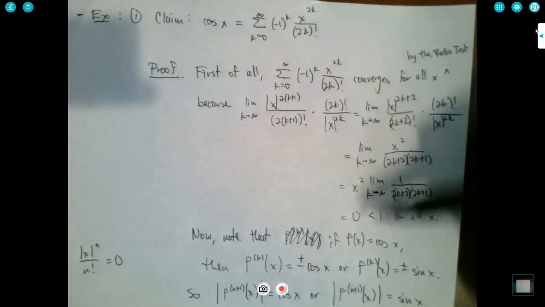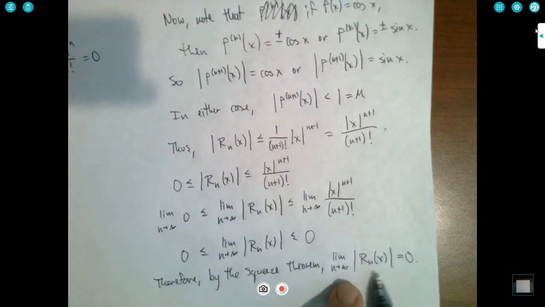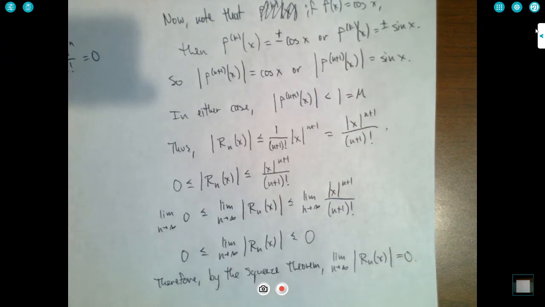Okay, so we know that the limit as n goes to infinity of the nth remainder is 0. So the remainder, which is the difference between the function and the Taylor polynomial that's meant to approximate it, is disappearing.